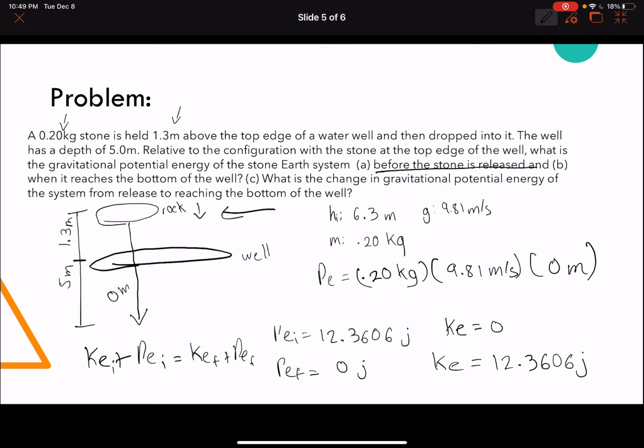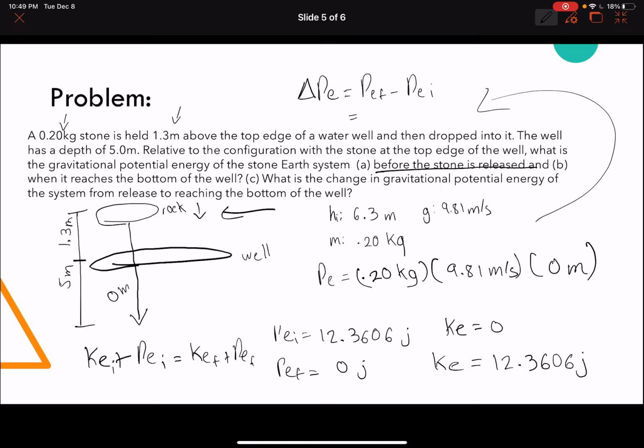So this is just an example. What is the change of potential energy from the system? So let's just do the change. We're going to do it right here at the end. We usually use delta in physics to refer to the change. Delta PE is just going to be equal to PE final minus PE initial.